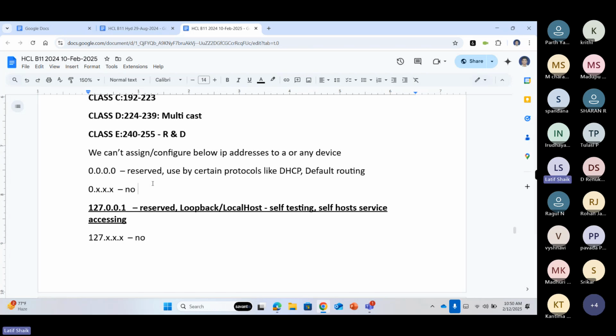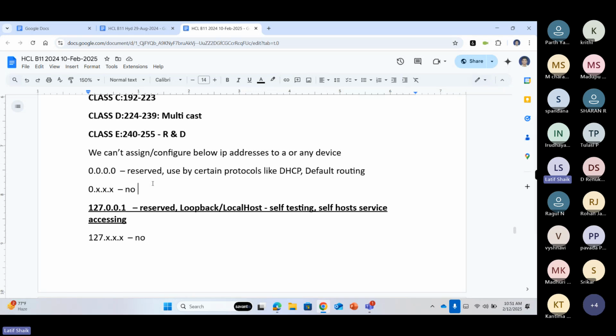127.0.0.1 also we can't configure on any device. Every device, all our laptops and desktops, by default have this IP address inside the system, only for self: my laptop to my laptop communication. It's called loopback, or localhost.